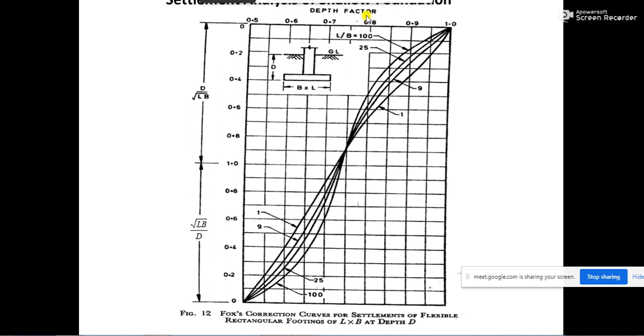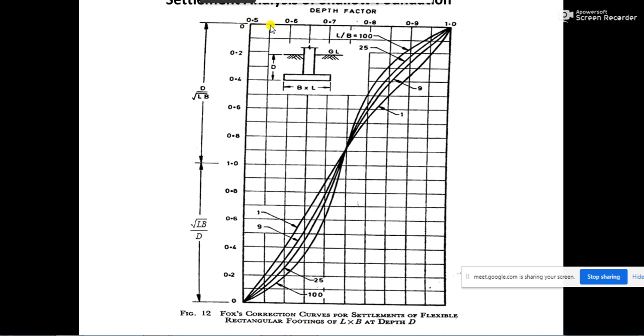So it is 0.8, then 0.9, so you can assume this point is actually 0.85. This is 0.5, this is 0.55, this is 0.6, so it increases in the middle portion of this line by 0.05.